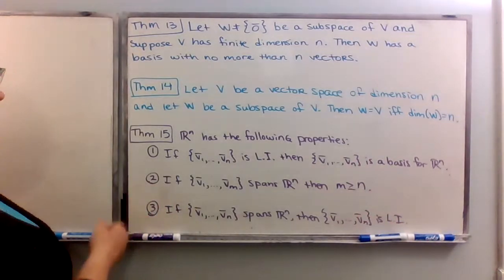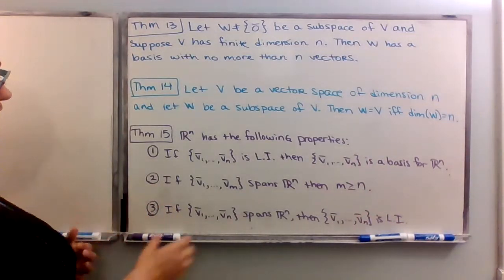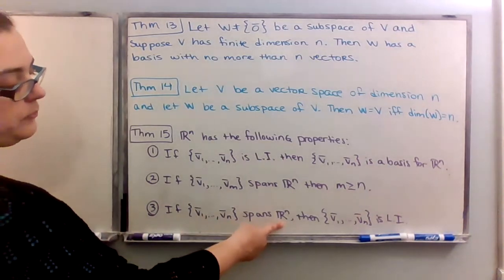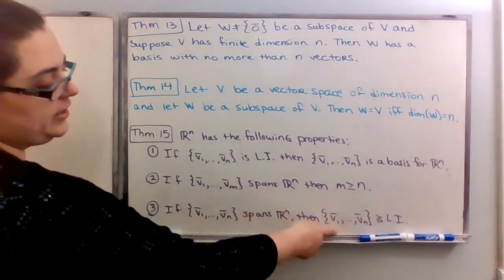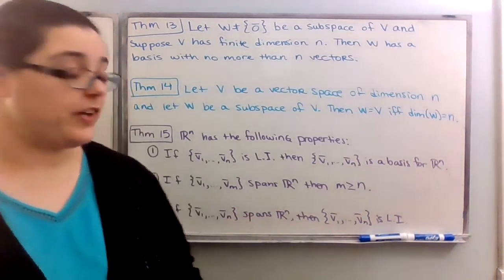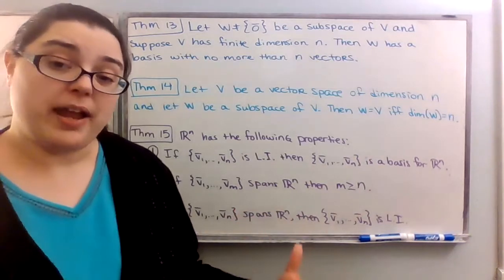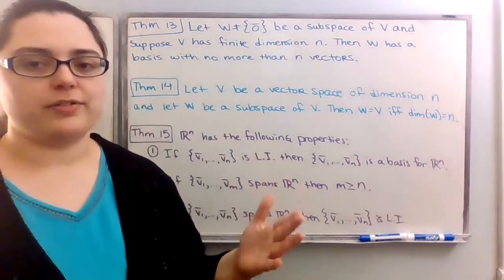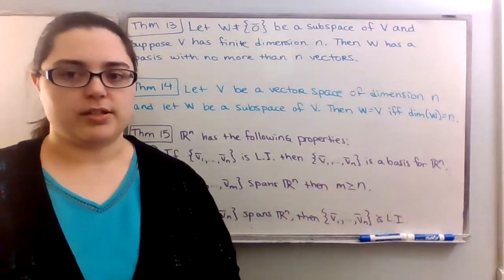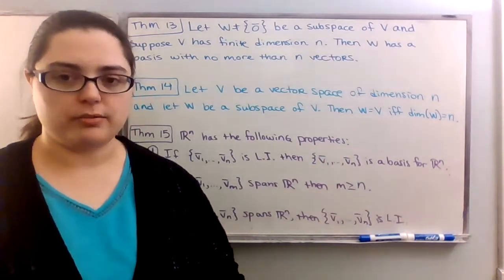And then what this third one is saying is that if I have n vectors that span all of Rn, then that set of vectors is linearly independent. It is possible to have n vectors that don't span Rn. Like if I'm thinking of R2, I could have the vector (1, 0) and then the vector (2, 0).